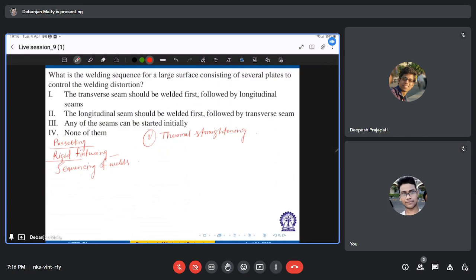This is basically called flame straightening. And then you can have mechanical straightening. One is thermal and another is mechanical straightening.